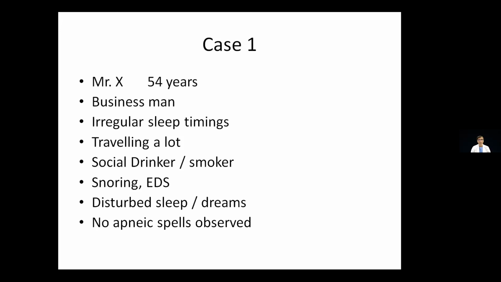Maybe I would ask whether he has nocturnal enuresis, and maybe whether he has any calf pain or leg pain, just to look into other comorbid conditions that may be associated with OSA, something like a limb movement disorder. That's probably what I would ask.